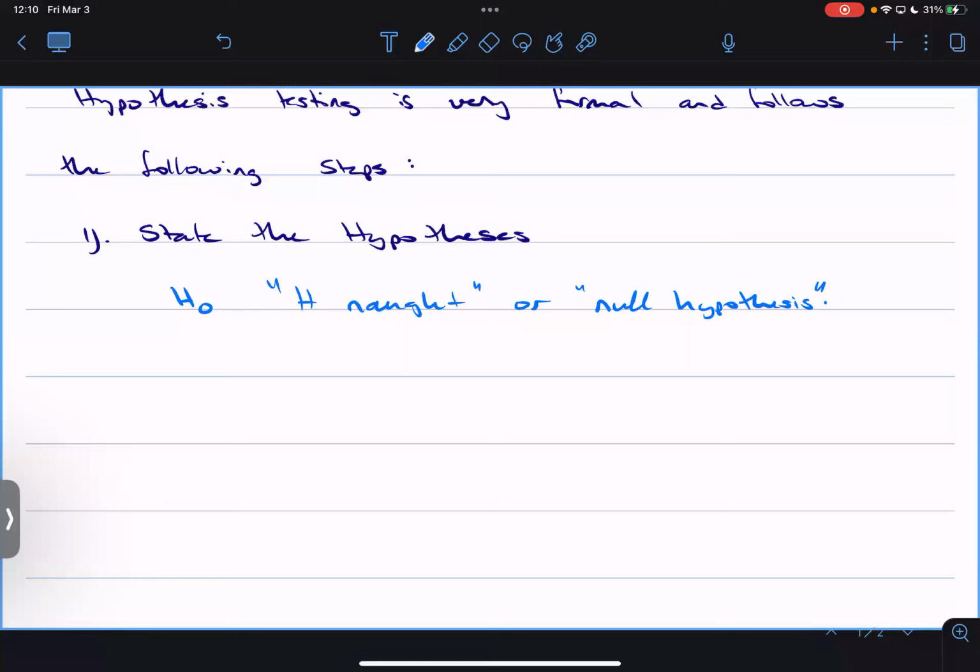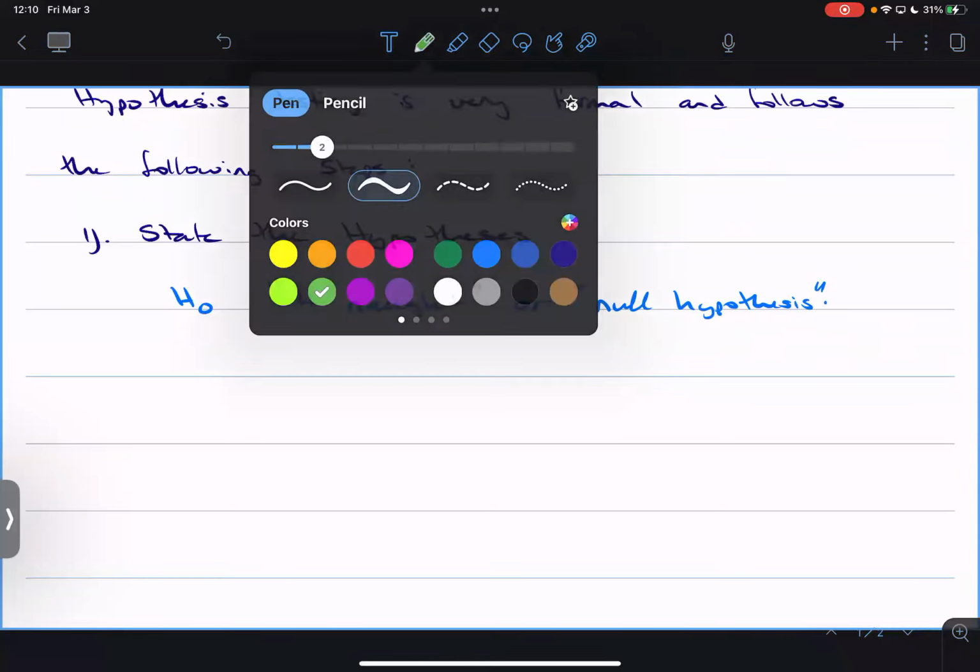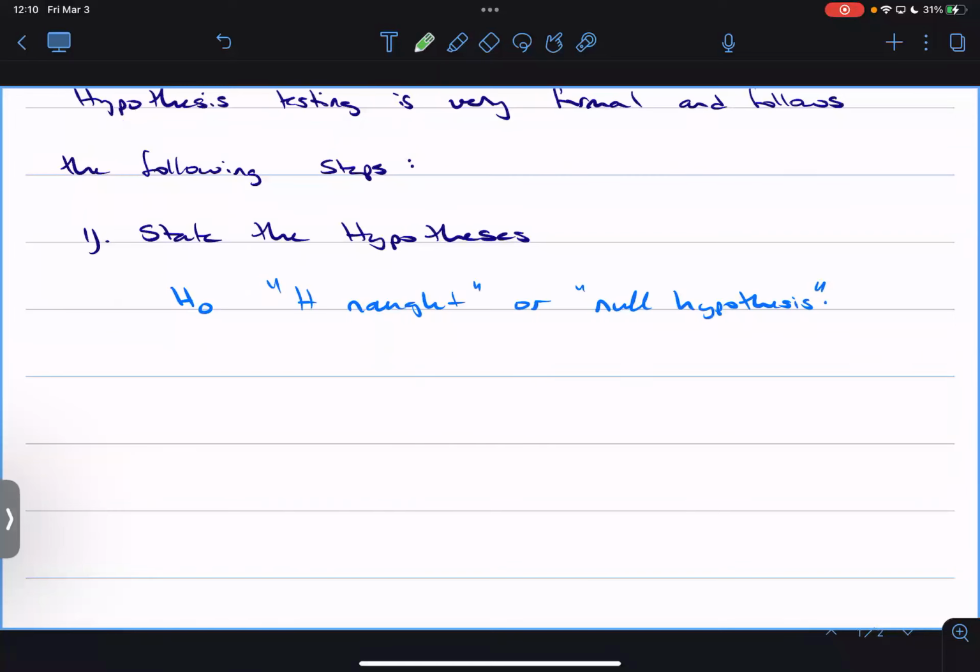One fact about the null hypothesis is that it is going to be a statement of no change, and so it'll always have an equal sign in it, at least for our purposes.